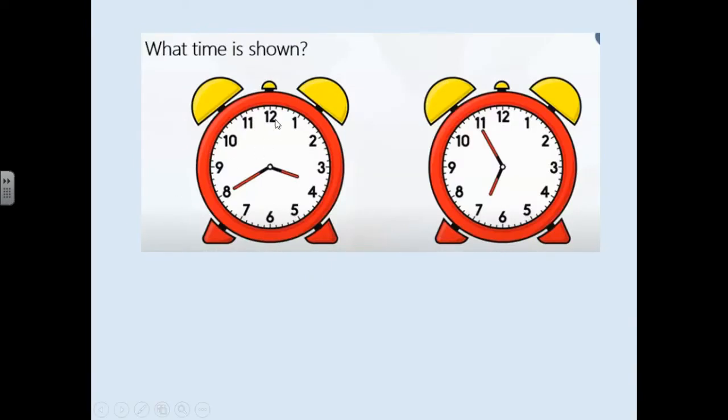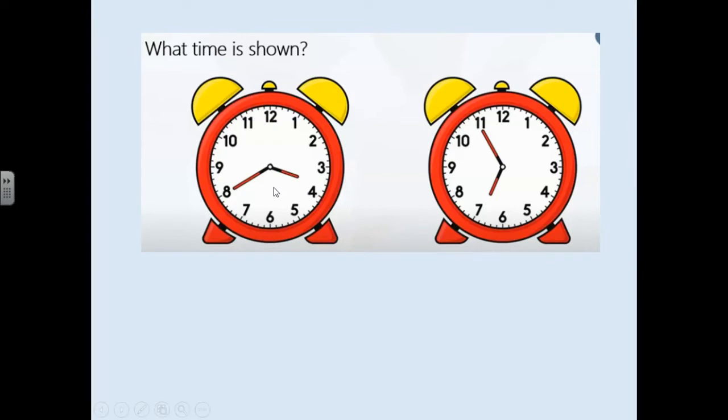Right, let's look at the time here. First of all, what we need to do is look at the hands. The minute hand is on 8, and the hour hand is just before 4. When we were looking at past, it was just after a number. Now, when we're looking at minutes to, it's just before the next hour.